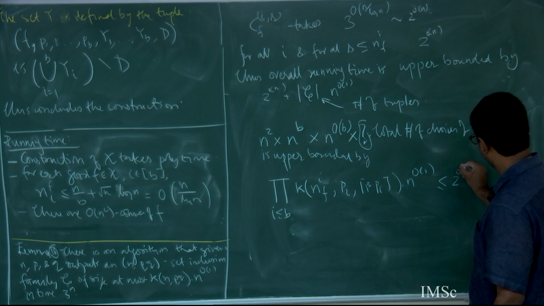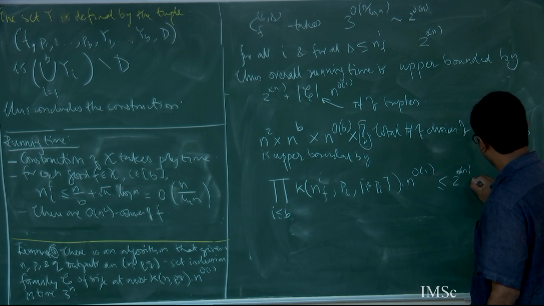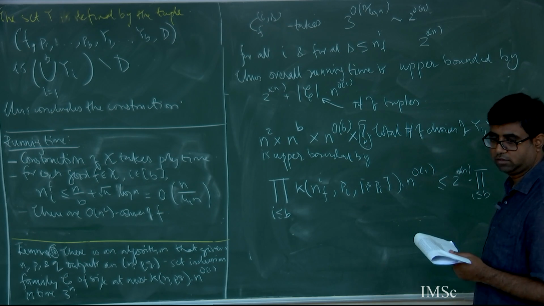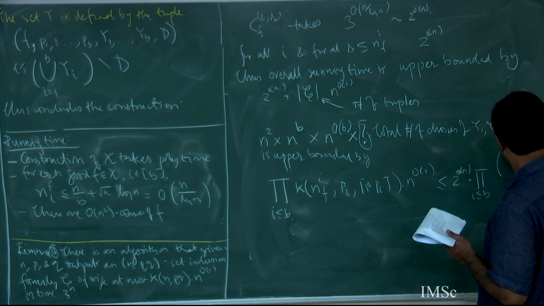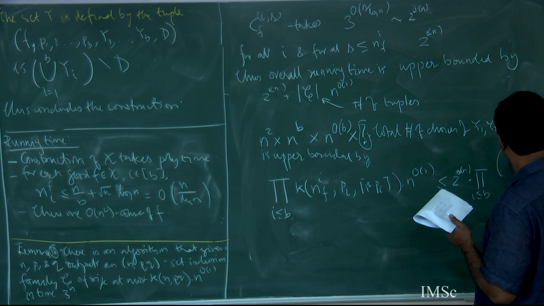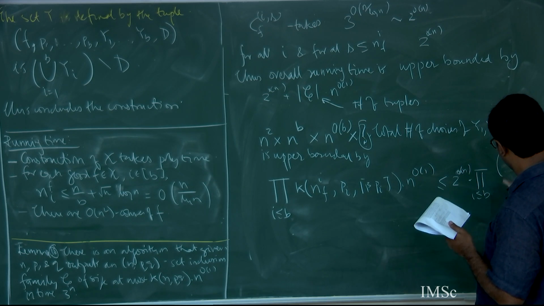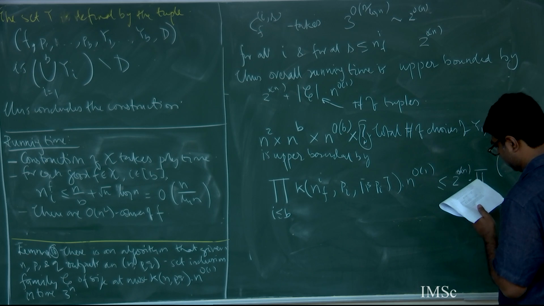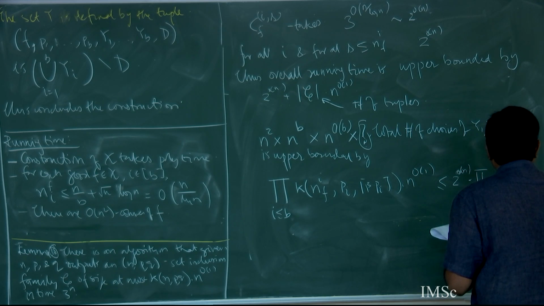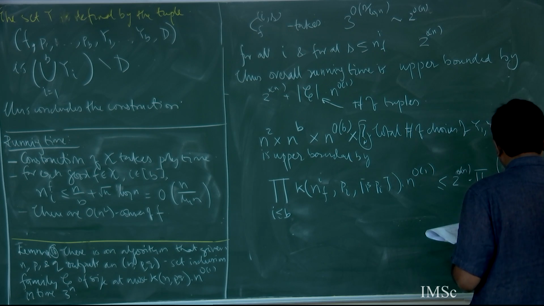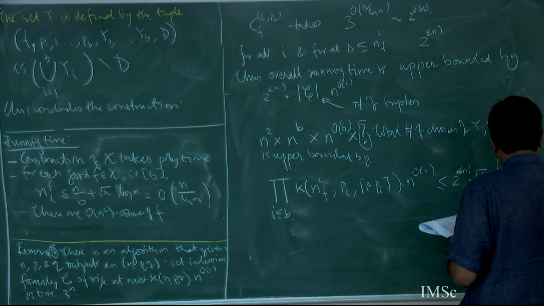So this is 2 to the power little o of n, not big O of n, times the product over i less than or equal to b of N_i choose pi, divided by pi choose beta pi.